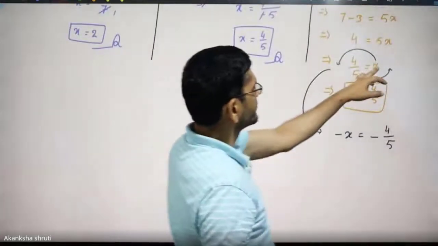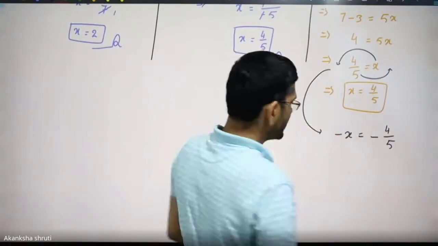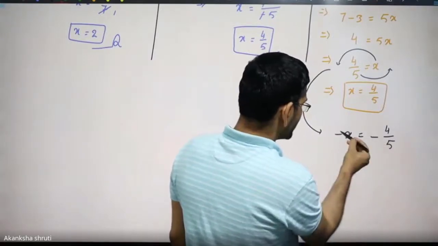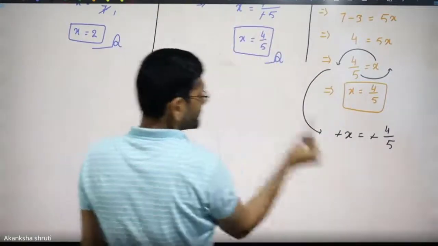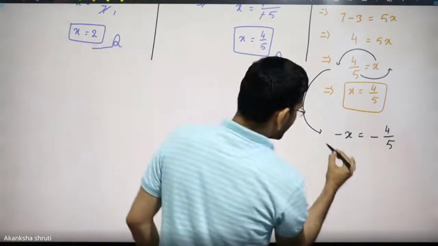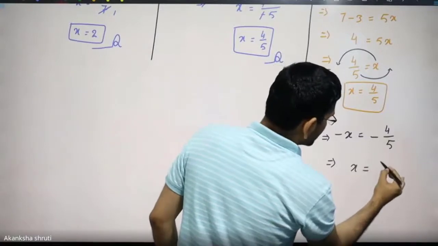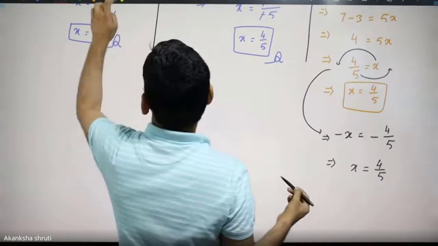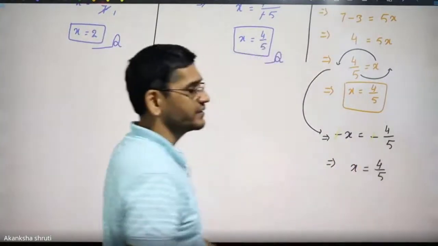See, the signs on both sides were changed, but this negative sign can be cancelled here. How are we cancelling? By multiplying both sides by minus 1. So our next step is x will be simply 4 by 5, because this minus sign is cancelled on both the sides.